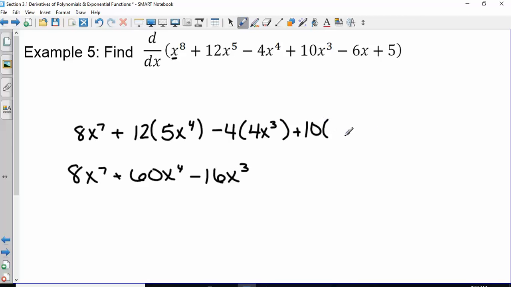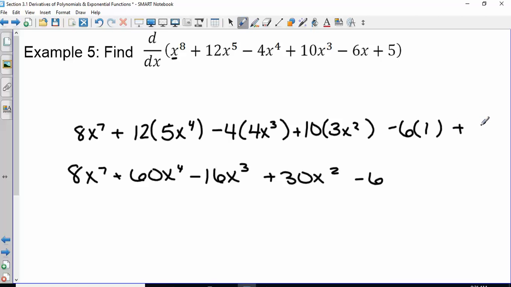Plus 10x to the 3rd. So 10 times the derivative of x to the 3rd. What's 30x squared? So we'll get a 30x squared. Minus 6 times x. What's the derivative of x? 1, so that's a minus 6.